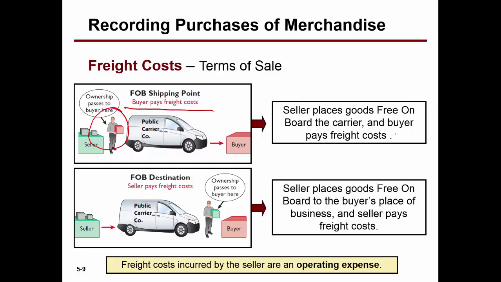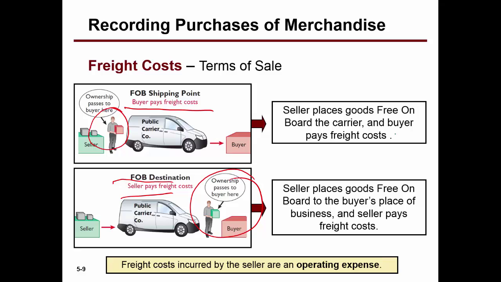Now, if we are dealing with free on board destination, the seller pays the freight. And title of those goods does not transfer to us until we take constructive receipt of it. So what happens? Stuff gets on the truck and blows up on the way. Who suffers the loss? The seller suffers the loss at that point.